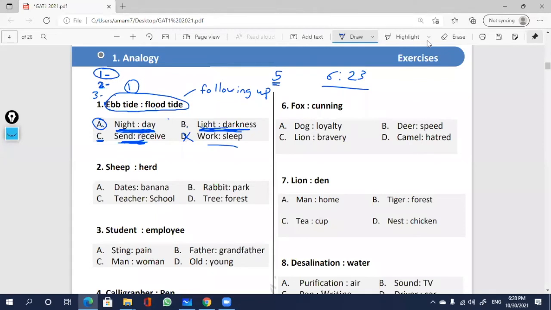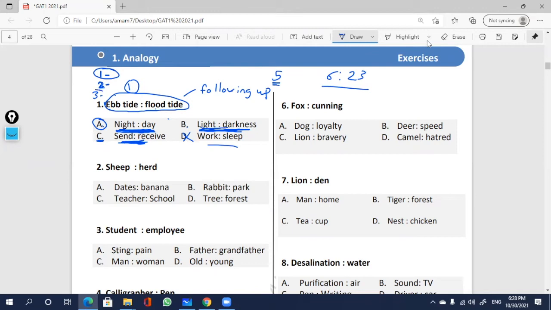Night comes after day, and day follows night. Can the relationship be opposite? Yes, it can be opposite, and when you say they are opposite, you will find the three answers.